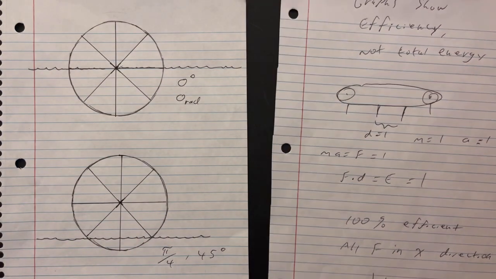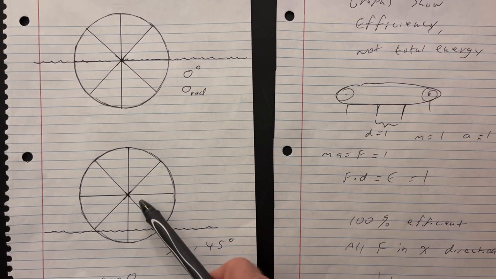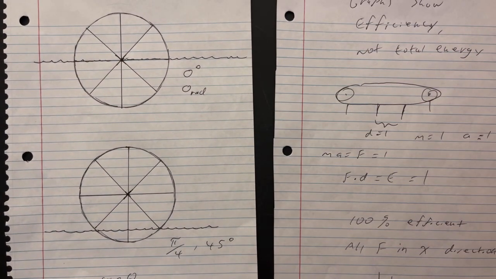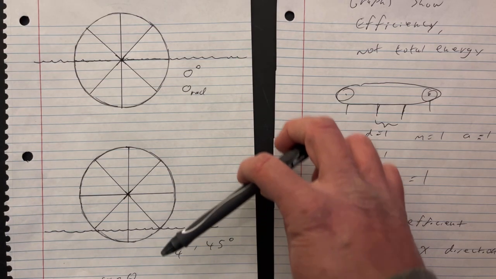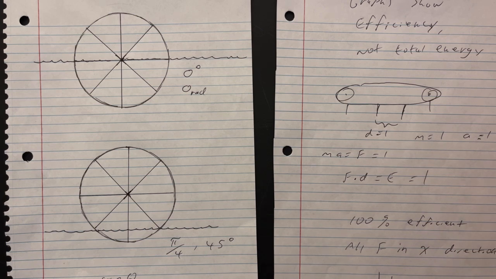So if you take your paddle wheel and you raise it up so that the paddles contact the water at 45 degrees, then you're going to have more of your force pushing in the X direction backwards instead of pushing down in the Y direction.